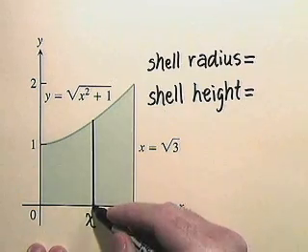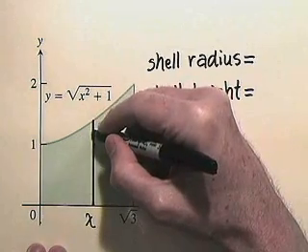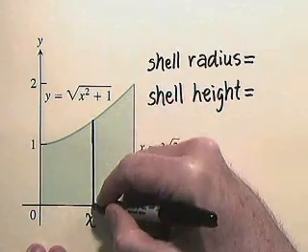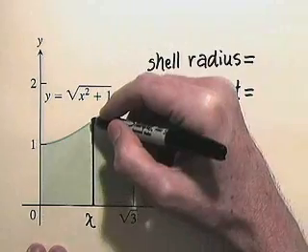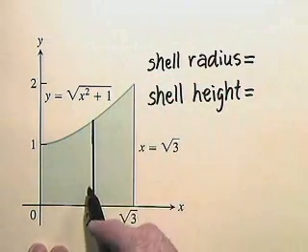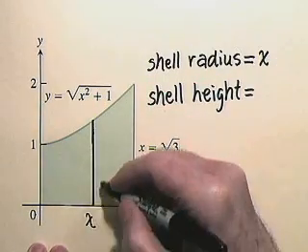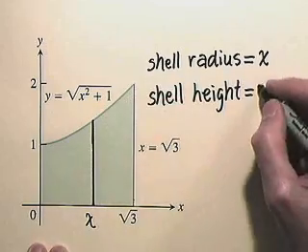So if here's a typical x, notice as we revolve around the y-axis, this vertical line above x, going from the axis all the way up to the curve, is going to sweep out a cylindrical shell. And of course, the shell radius is simply x. And what's the shell height? Well, that's y.